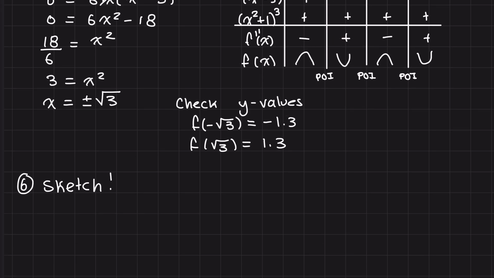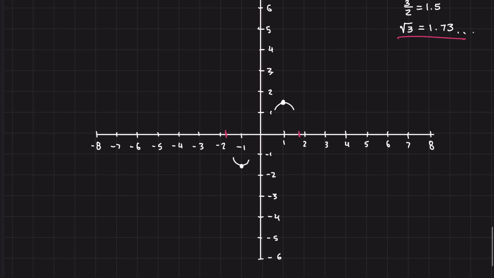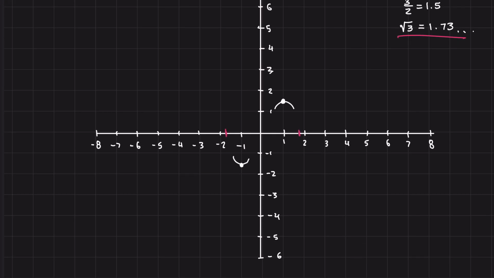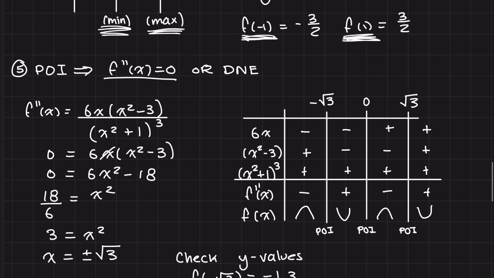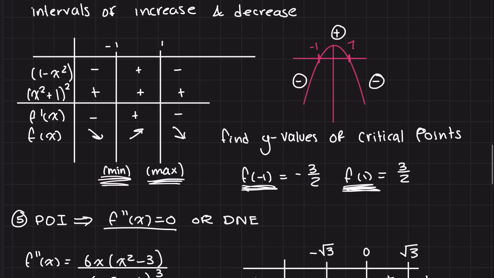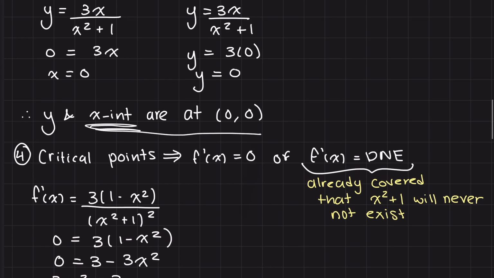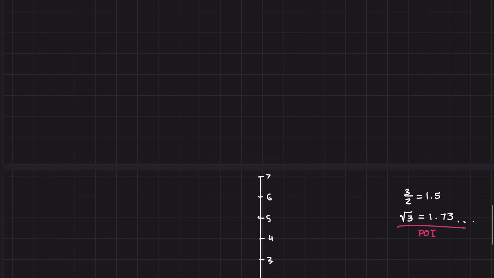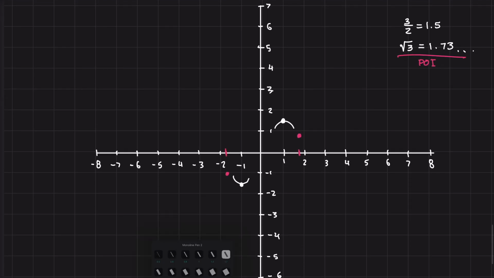At √3, we had a value of 1.3, and at -√3, a value of -1.3. So here you can see that I am locating that on the graph. Now I'm going to scroll up to where we calculated our x and y intercepts, which is at 0, 0, and I'm going to plot it down in blue.